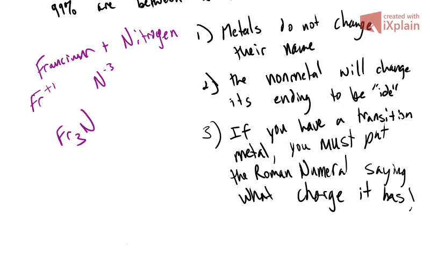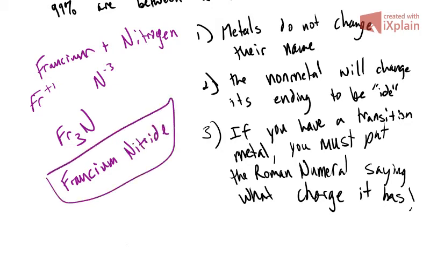Francium is the metal, and so the name is going to start out with francium, and then nitrogen is the next one, and we just said the ogen is going to be dropped, and it's going to be nitride. So francium nitride, that is the name of this ionic compound.